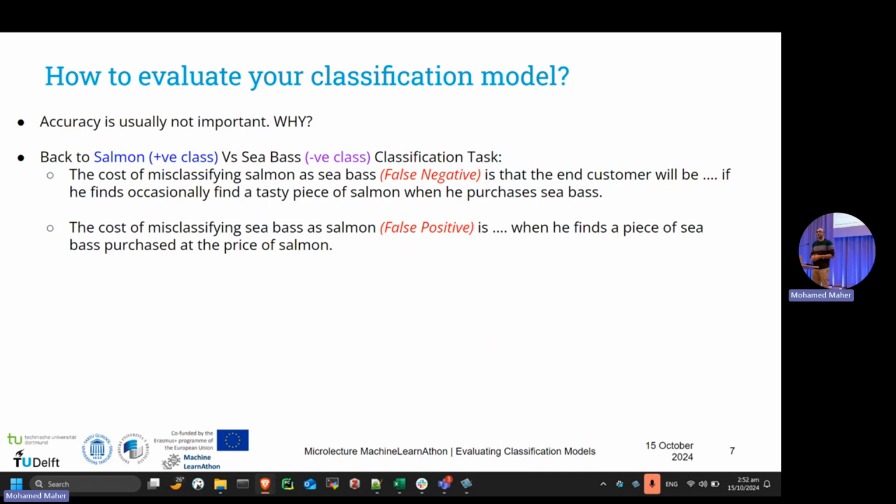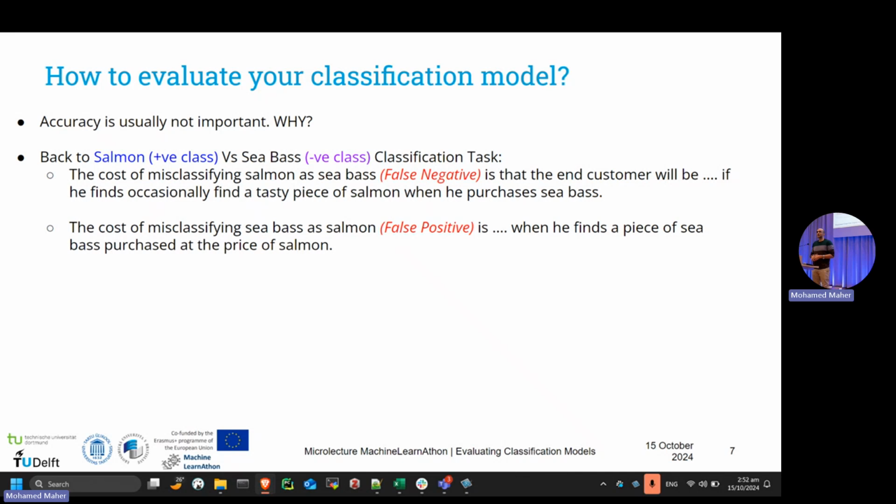On the other hand, the cost of misclassifying a sea bass as a salmon, which is a false positive, means that he will find a piece of sea bass purchased at the price of salmon.